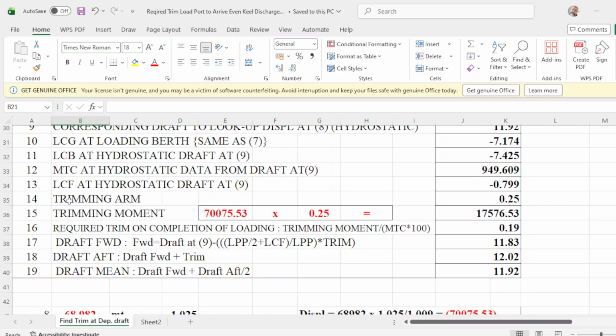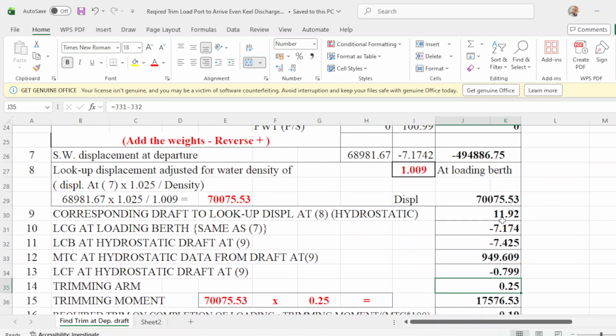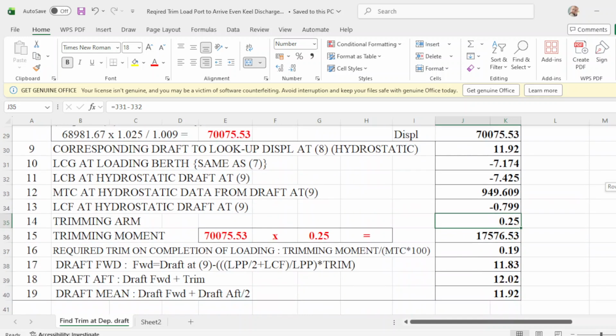Then we go now to number 14. This is what you call the trimming arm. We go to the trimming arm. 14, trimming arm is, if you click this one, it says trimming arm is J31. This is your 31, LCG, minus your J32. 32 is this one.